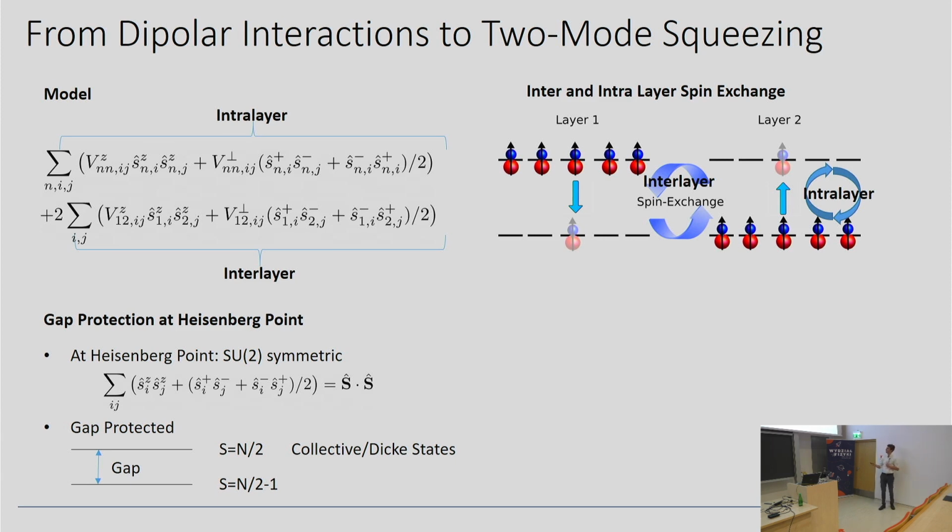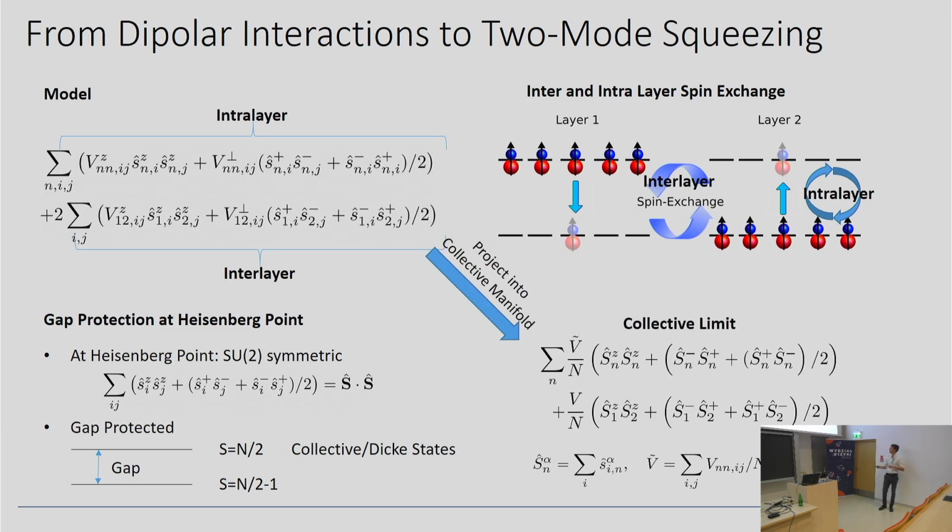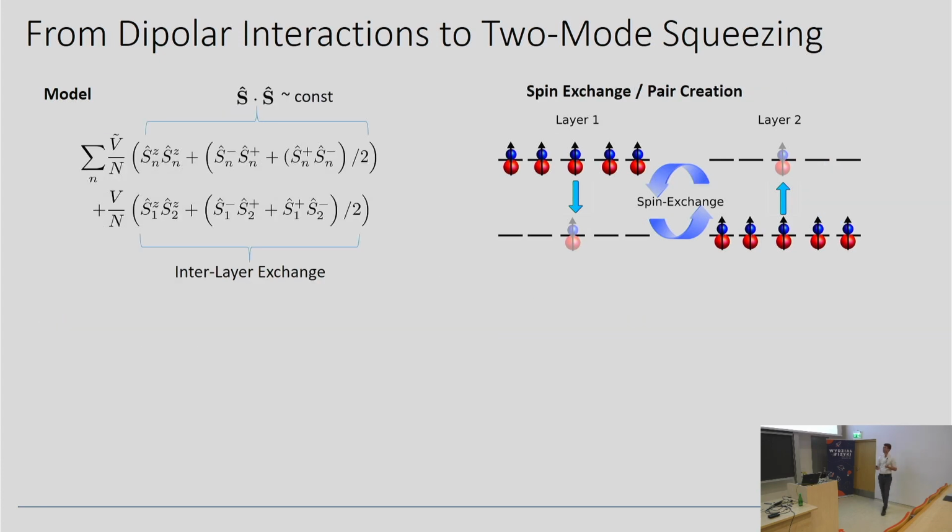This is very useful because if I can convince you that I stay in this fully collective manifold, then this complicated Hamiltonian can be projected down into a smaller set of states in the collective limit, in which I get these collective spin operators, which are the sum over all molecules in each layer. I still have the interlayer and intralayer Hamiltonians, and I have the average interactions. Now this is already a lot easier.